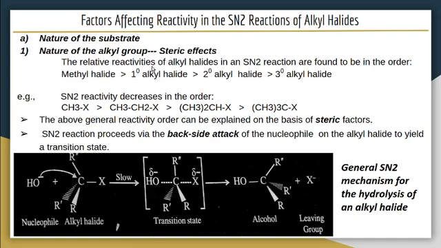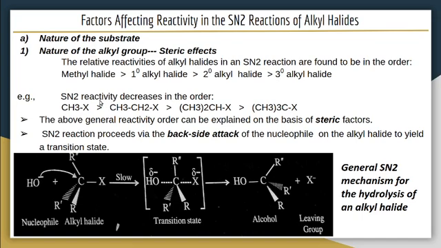The relative reactivities of alkyl halides in an SN2 reaction are found to be in the following order. When we consider the reactivities of different types of alkyl halides in an SN2 reaction: methyl halide is greater than primary alkyl halide, greater than secondary alkyl halide, greater than tertiary alkyl halide.